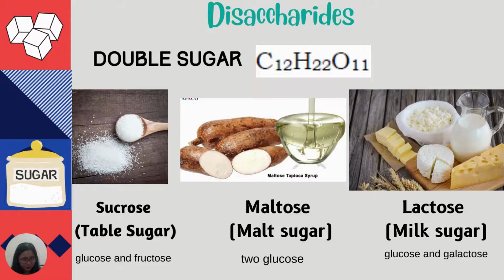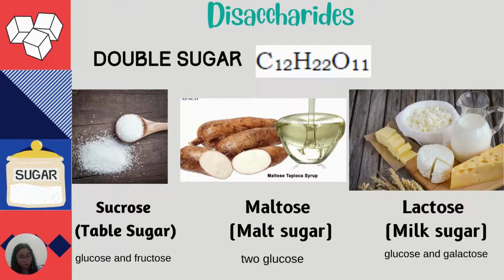And last, we have lactose. Lactose or milk sugar is the principal carbohydrate in milk. So yung iniinom nyong gatas, the principal carbohydrate present is lactose or the milk sugar. It is composed of molecules of galactose and glucose.